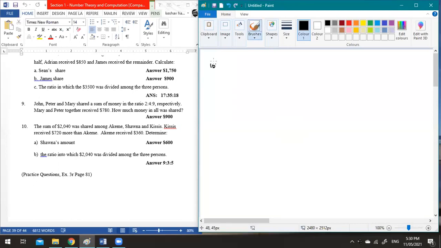So number 10, the sum of money, $2,040 was shared among Akeem, Shauna, and Kisses. Right. Kisses received $720 more than Akeem.